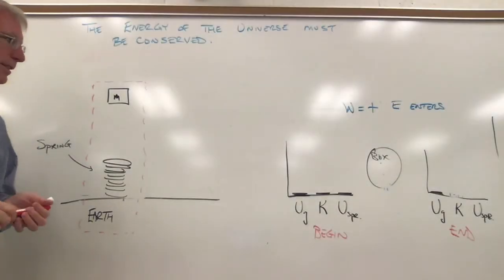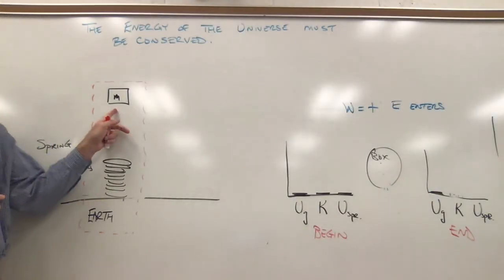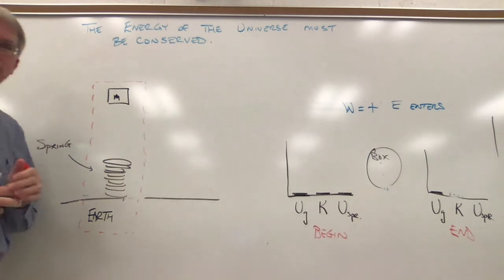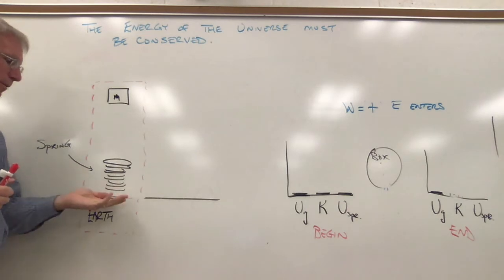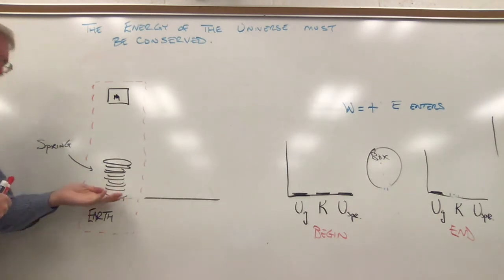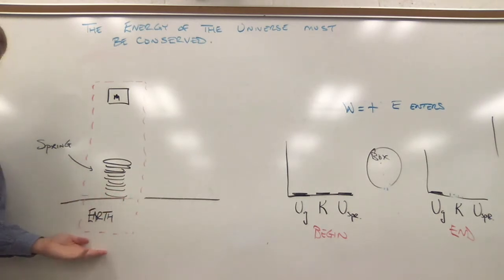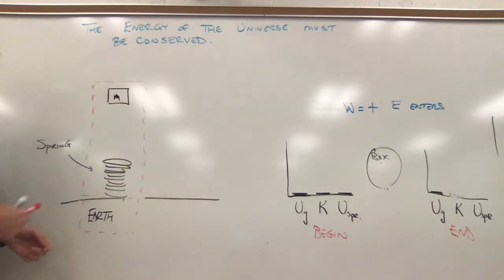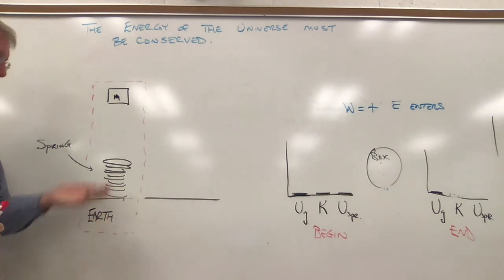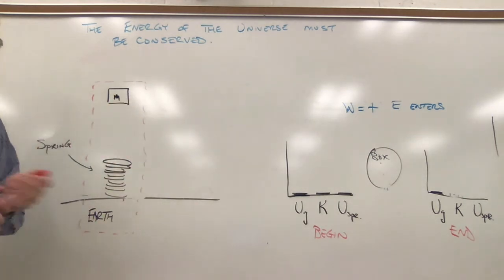All right, new system. I've got my mass that's going to begin up in the air again. So somebody's lifted it up and left it there. I've got this spring. Look at this beautiful artistry, right? And the Earth. And in case you can't see my dotted line here, all three objects, the Earth, the spring, and the mass, are inside my system.